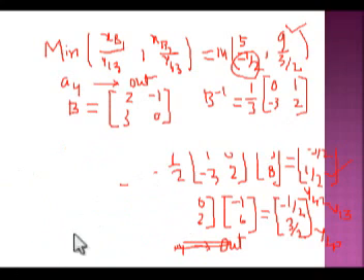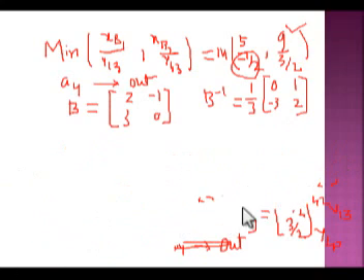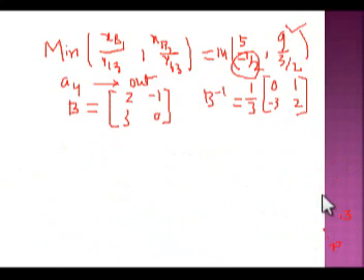New basic solution. Now the decision variables are changed because the basis vectors are changed. This is a1, 2, 3. So this is a1 and this is a3. New basis vectors. So the decision variables are x1 and x3.